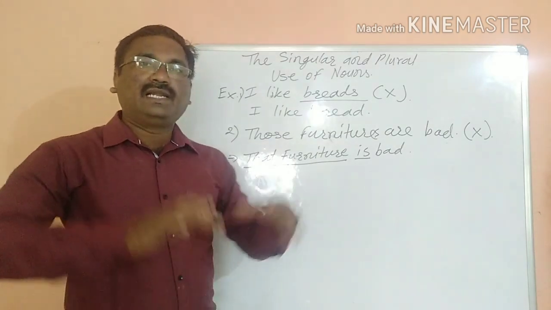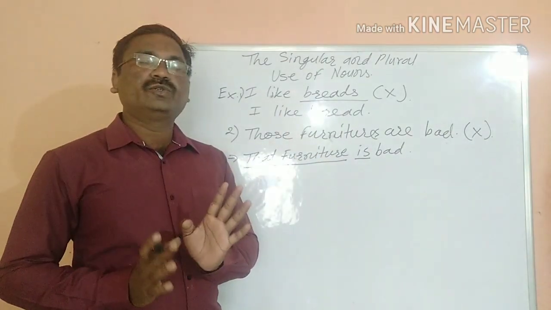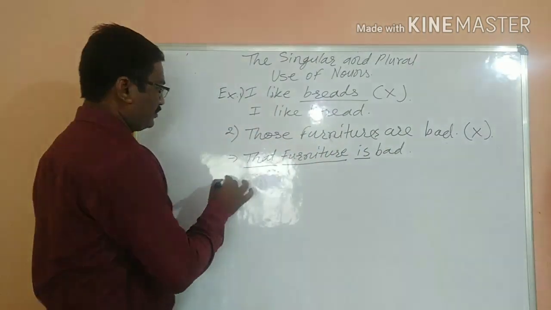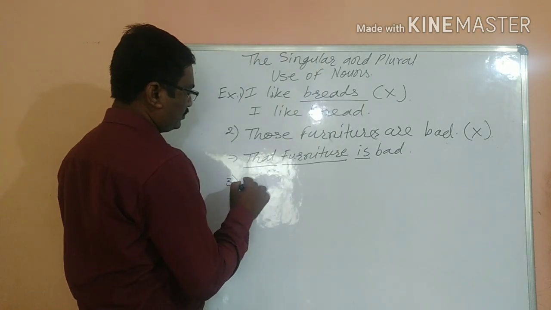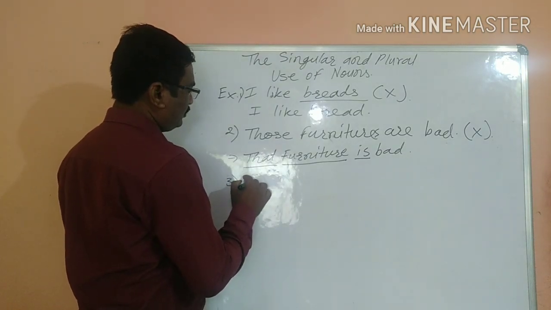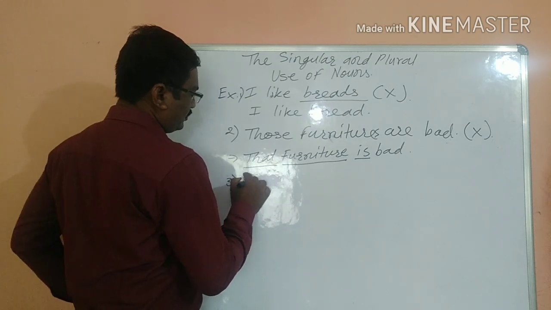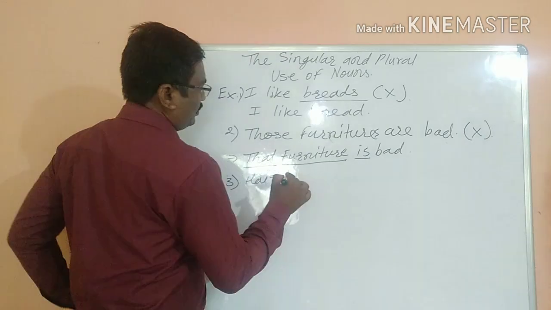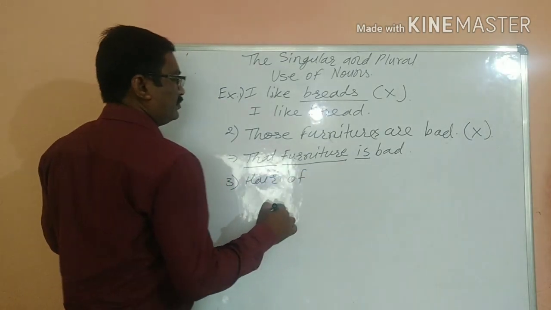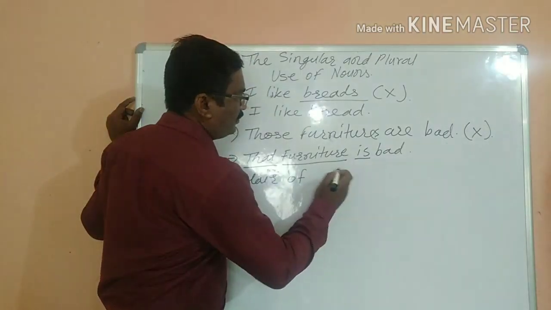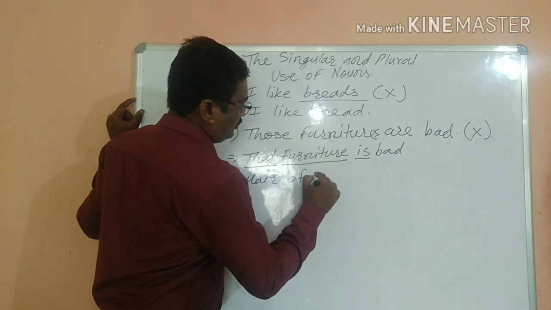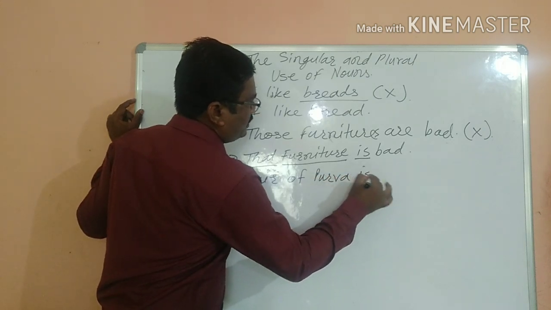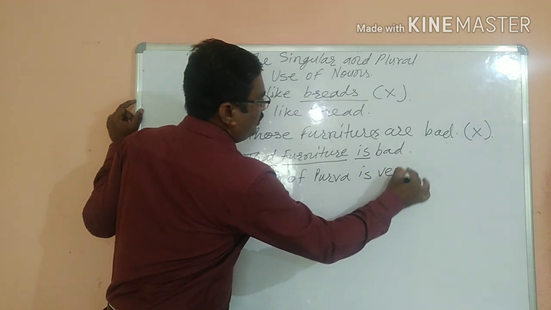When we are talking collectively about hair, you should use it in the uncountable form, like: hair of Purva is very long.